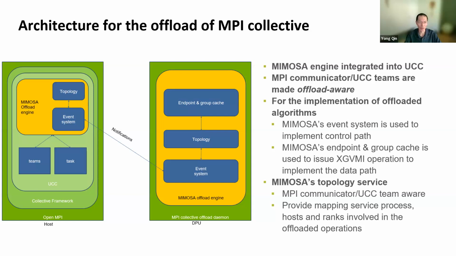By doing the communication between these two event notification systems, as I mentioned in the last slide, the DPU can do whatever the host or the CPU tells it to do. So this is the basic architecture of Mimosa. So next slide, please.